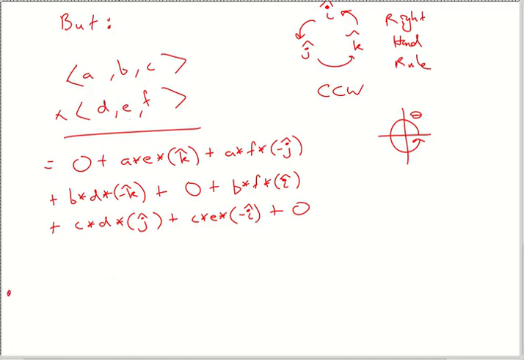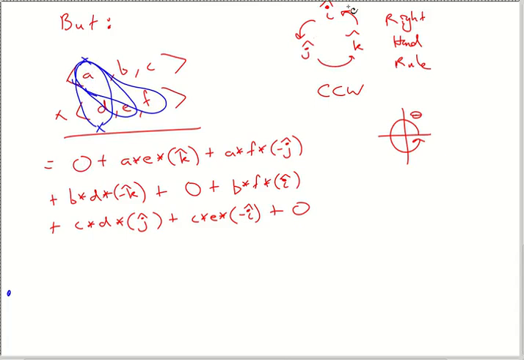Essentially, I'm basically foiling them. You can see that A is going to be times all these different components: A times D, A times E, A times F. The thing is that whenever you're multiplying A times D, they're both X components, and so therefore it's going to be a 0.